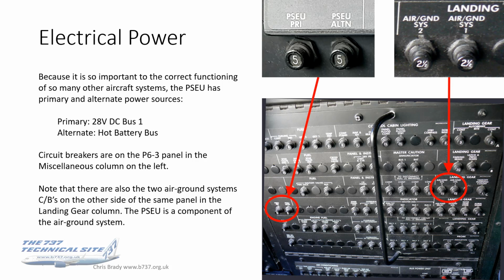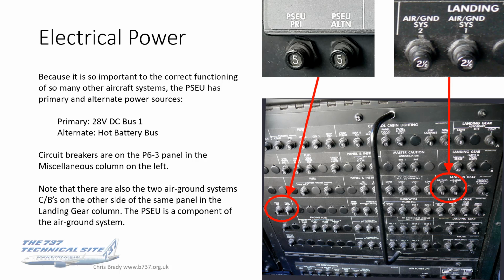The circuit breakers for the PSEU are on the P63 panel in the miscellaneous column on the left, because of course it's an add-on, only came in with the NG. What preceded it, I guess, were those pair of circuit breakers on the right there, which are the air-ground systems. They're on the other side of the same panel under landing gear.